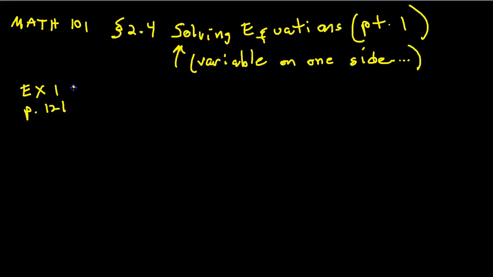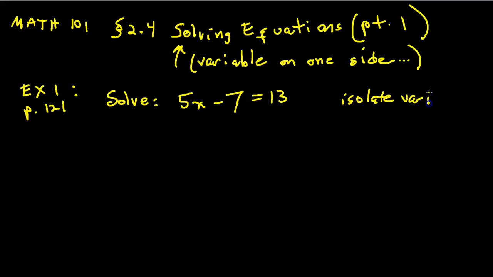This is example 1 on page 121. You'll recognize this type of problem. Solve the equation. Well, solve for the indicated variable means here solve for x, right? So 5x minus 7 equals 13. How am I going to handle something like this? Well, your goal here is to isolate the variable.